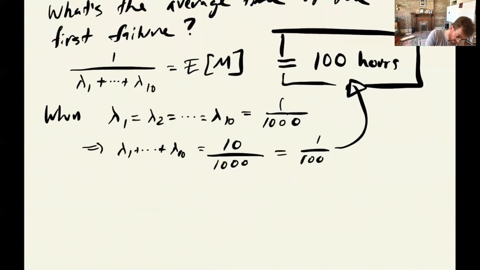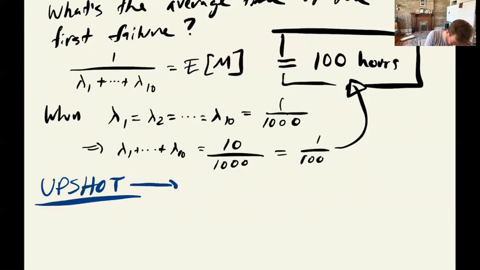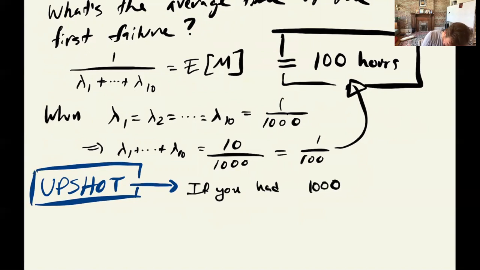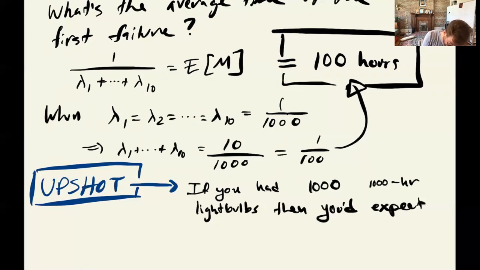In fact, here's a little important upshot. If you had 1,000 1,000-hour light bulbs, then you'd expect to replace one every hour.